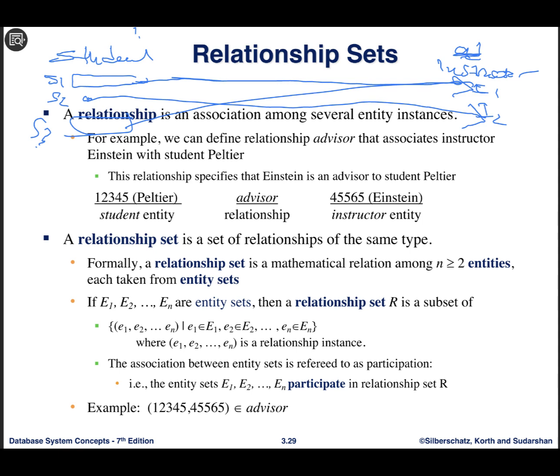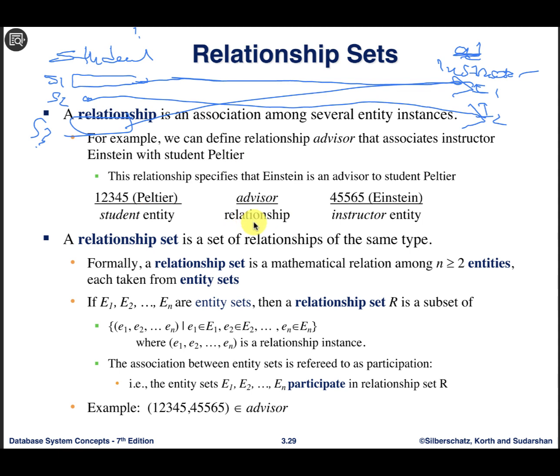So that's the relationship: an association among several entity instances. Here it specifies that this specific instructor is advising this specific student. So what's the relationship set in this case?